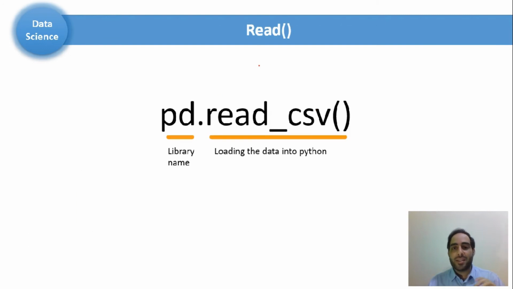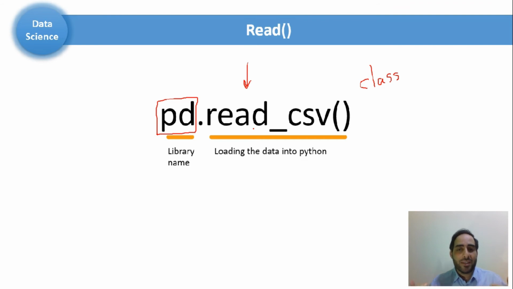Now this is an example of using read underscore. Here what we are doing is calling the library, for example Pandas, and then dot to access read underscore CSV. Read underscore CSV is a class, and why are we doing this, what is the benefit?